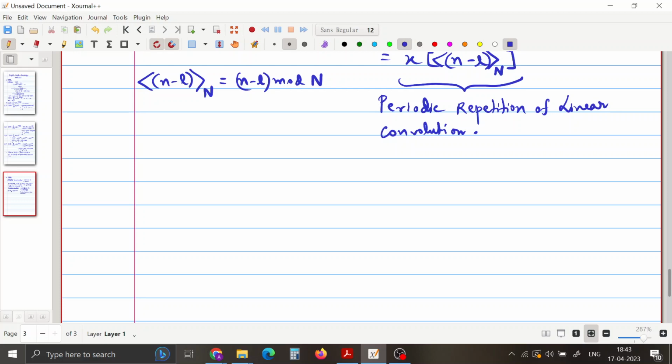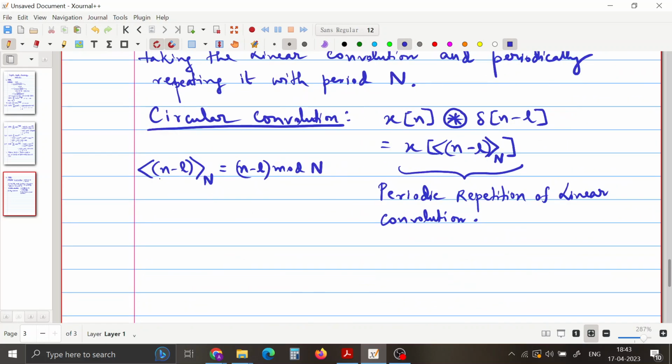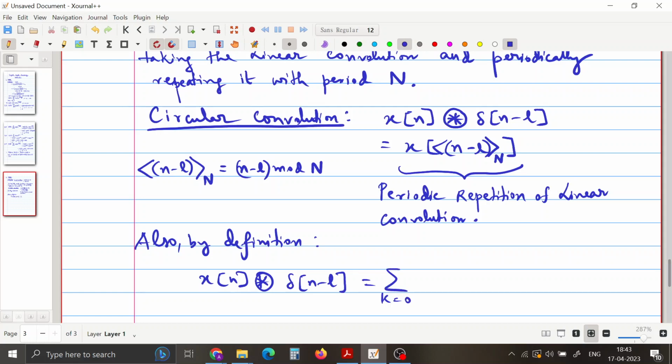Or else you can go formula-wise also. So this is one method, and also by the numerical definition of circular convolution, you know that the circular convolution of these two will be: the first sequence x of n will remain the same, only the index will change from n to k.